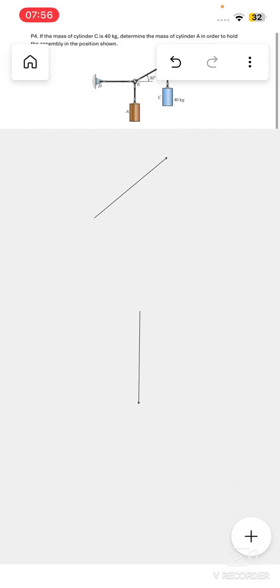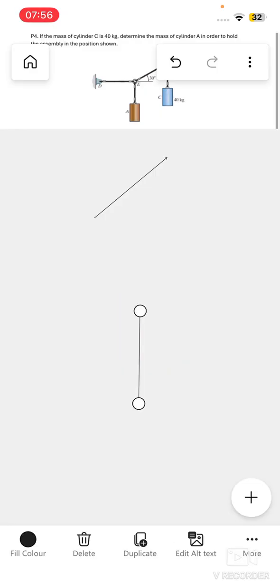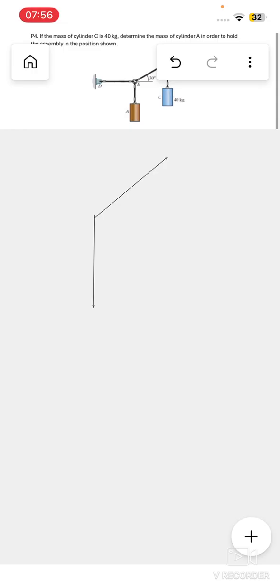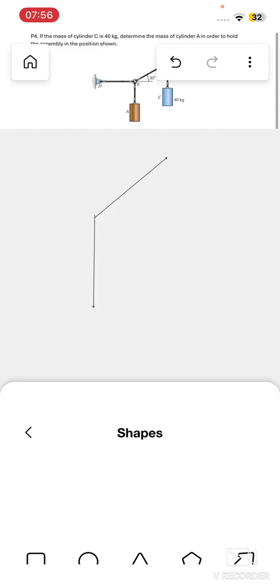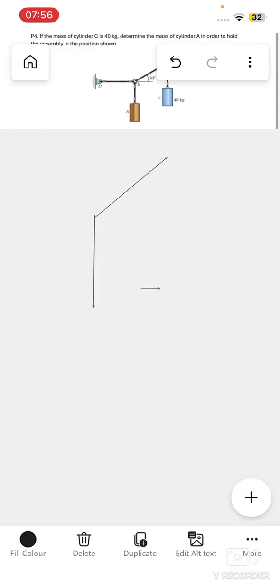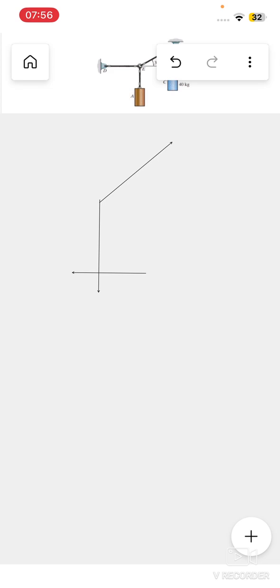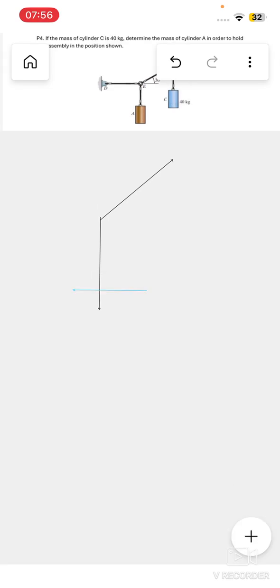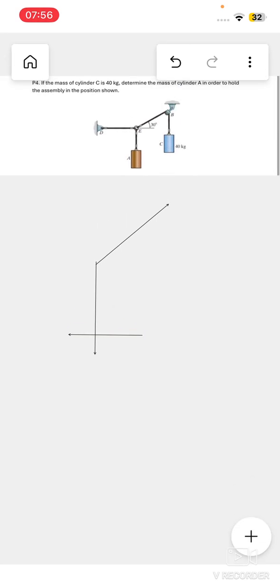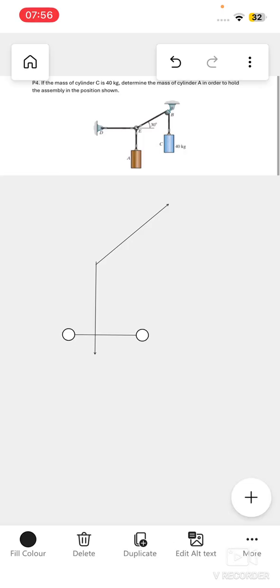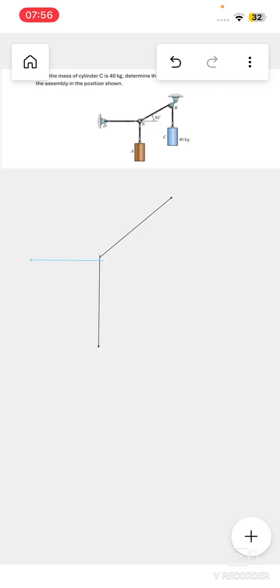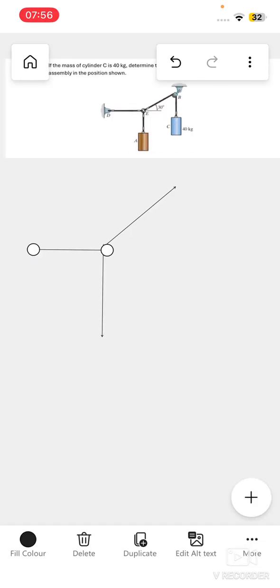We only have mass. Let's just draw the free body diagram first. This is the tension of EA, and I'm going to draw the tension of ED. It's going to look like this, a little bit upward.